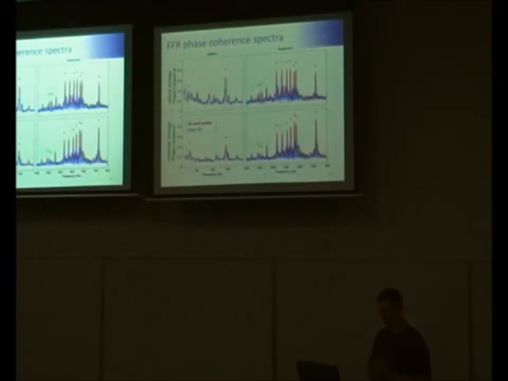If the nerves are firing at precisely the same phase to the signal each time, then you should get really high coherence. If they're firing more randomly, you get a low coherence. I've plotted them here in red and blue for the younger and older subjects, and you can see that the younger subjects have higher peaks where these little arrows are, which is where the test tone frequencies were.